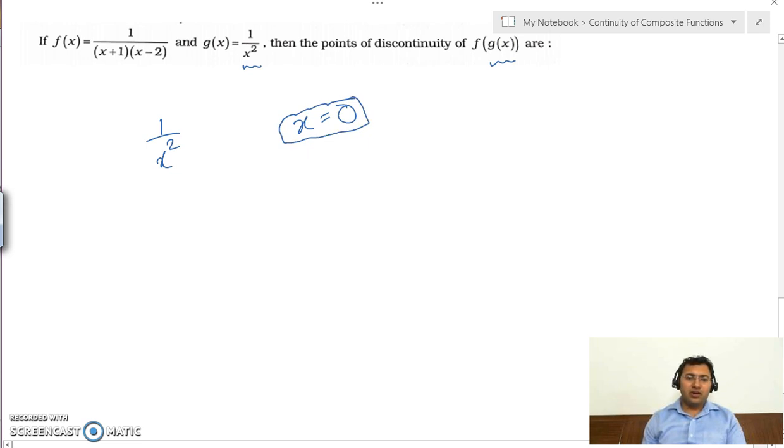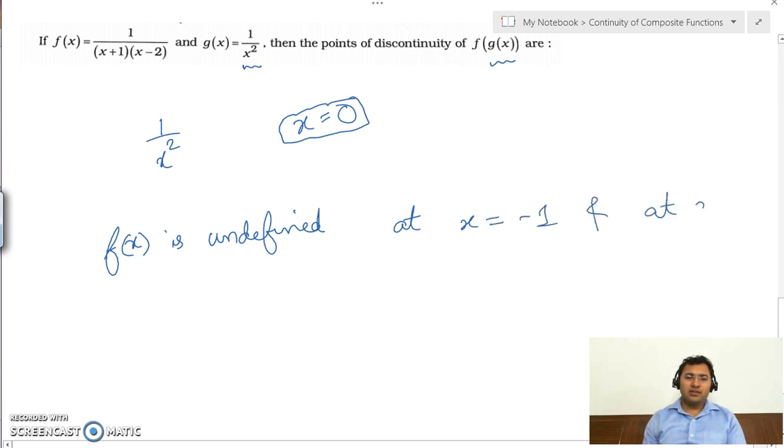At points where g(x) takes values where f(x) is undefined or discontinuous. f(x) is undefined at x equal to minus 1 and at x equal to 2, where the denominator of f becomes 0. So we will check if g(x) is capable of taking the value minus 1 and the value 2.